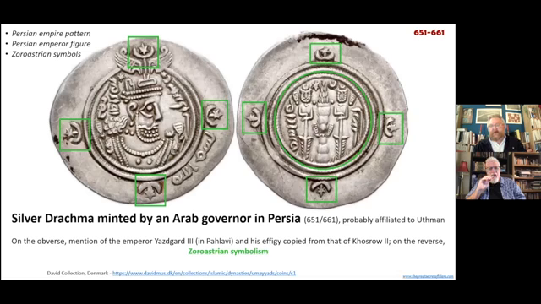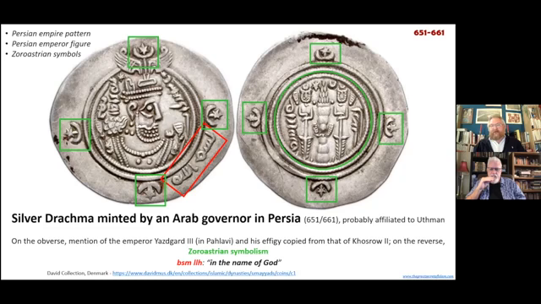And especially here, on this coin, what do we see? We see the Bismillah. Bismillah means in the name of God, which means here that the ruler, even though he has a sort of soft touch for the Zoroastrian religion, he still believes in the one God, because Allah in Arabic is the name of the one God.